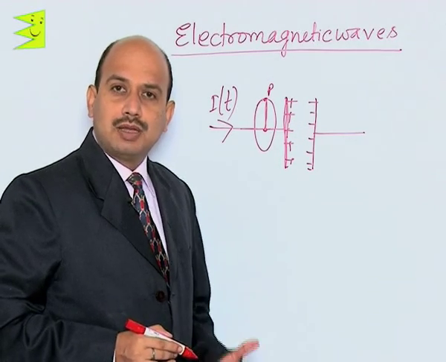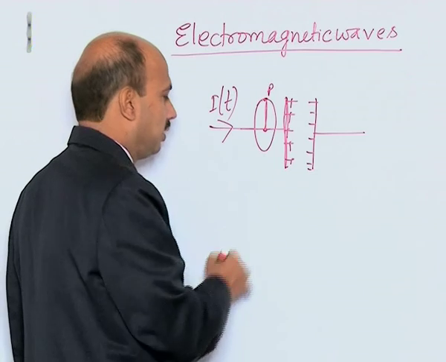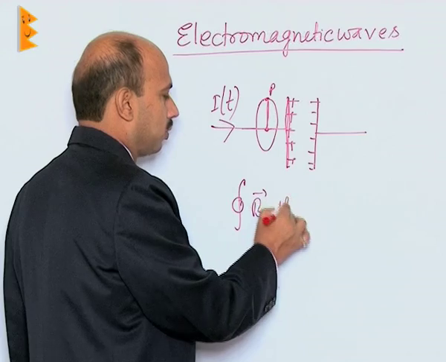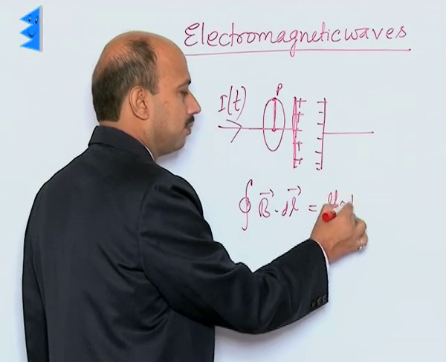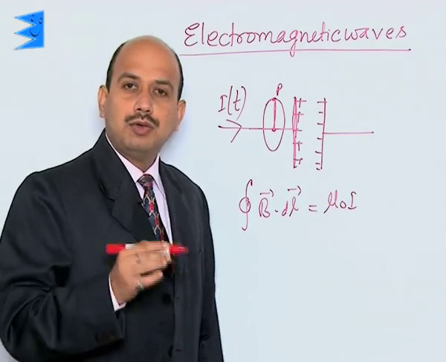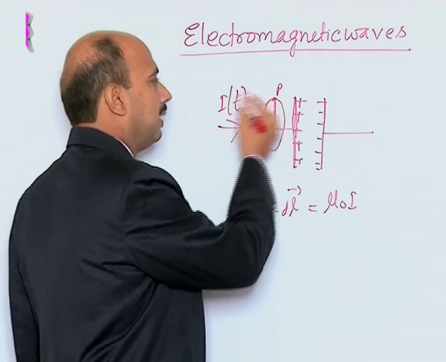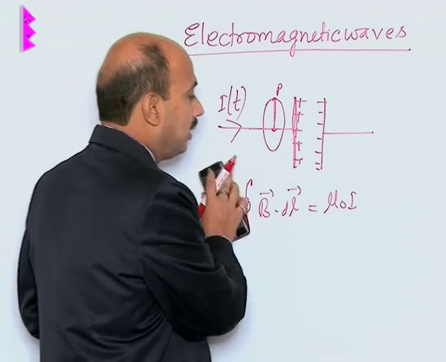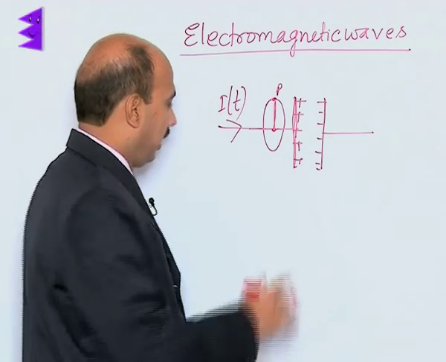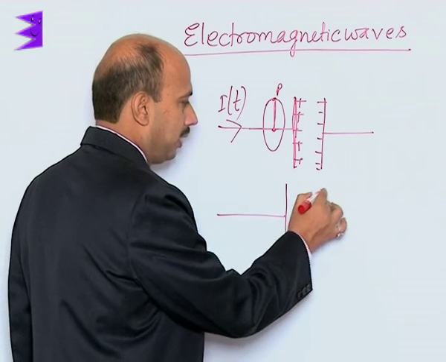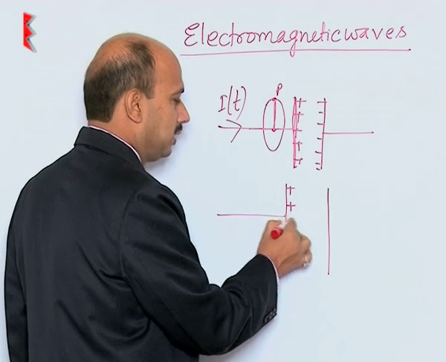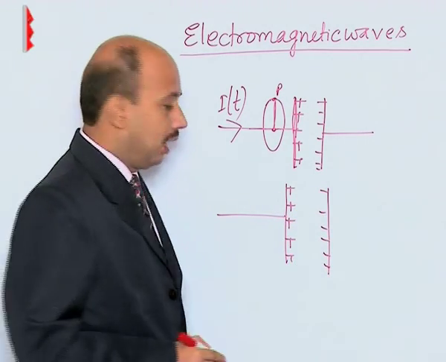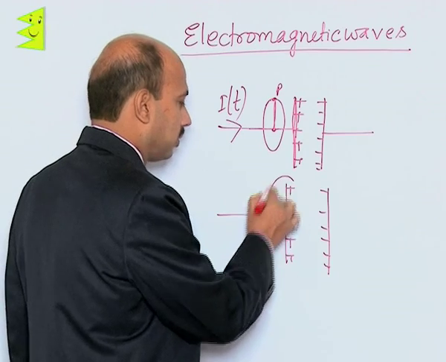By using Ampere's circuital law, we can calculate the magnetic field at this point, and we know that the integral of B dot dl is equal to mu naught I. So by using Ampere's circuital law, we can calculate the magnetic field at the point P. But take another diagram: these are the plates, being charged, this is plus and this is negative, and you assume the loop here like this.